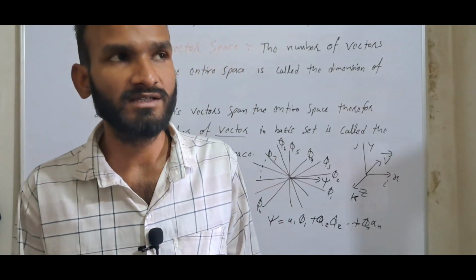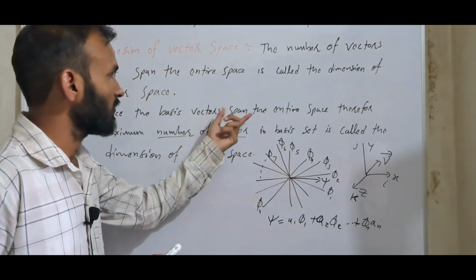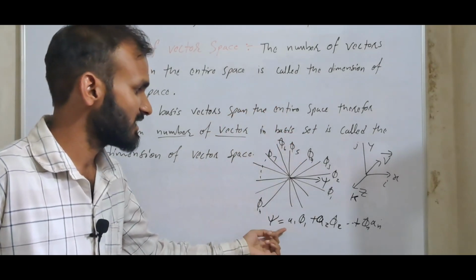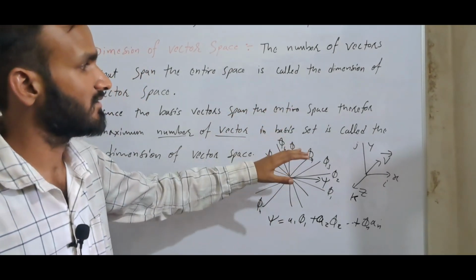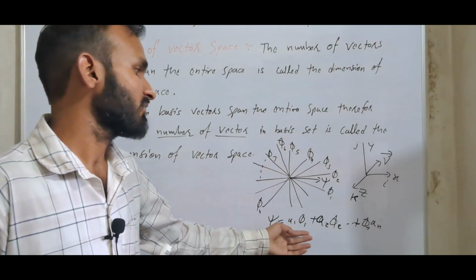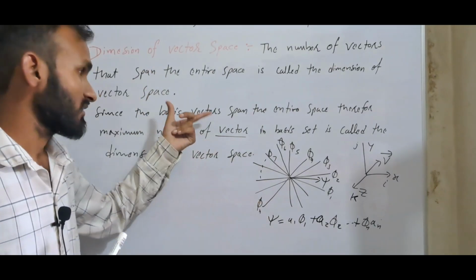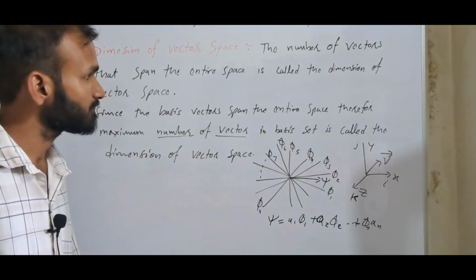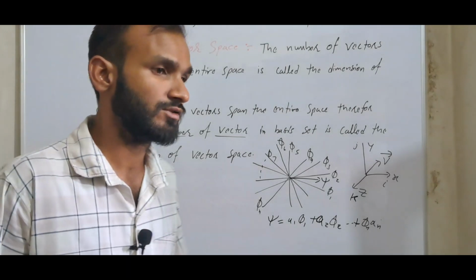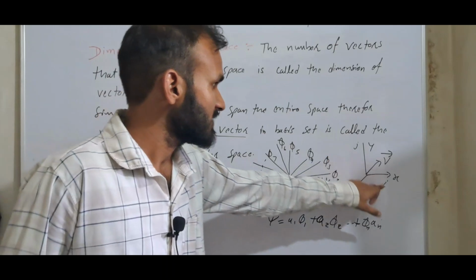Obviously sometimes it gets very confusing when you study that. What does spanning mean? Span the entire space means any other random vector in the vector space can be written as a linear combination of these linearly independent vectors, which are the basis vectors. And there are always basis vectors, and they can be chosen arbitrarily. They are not necessarily i, j, k.